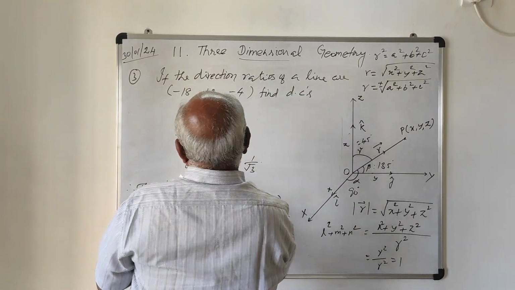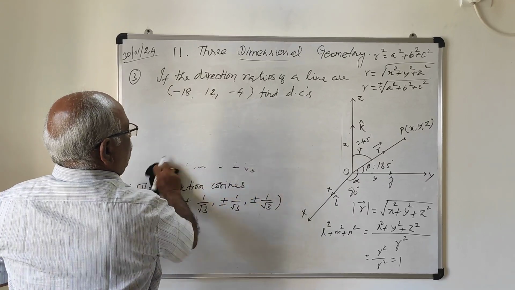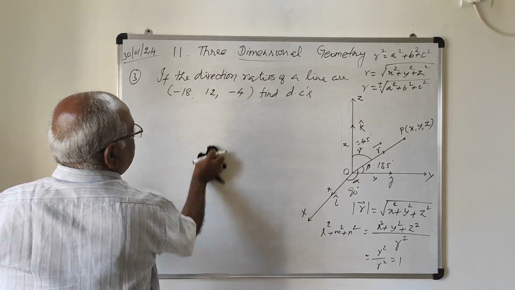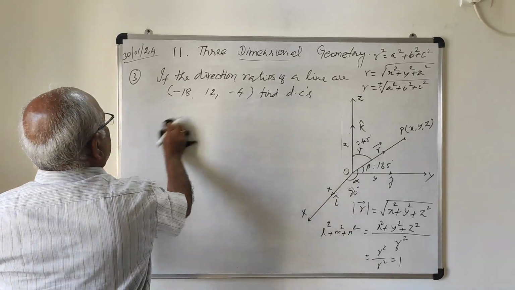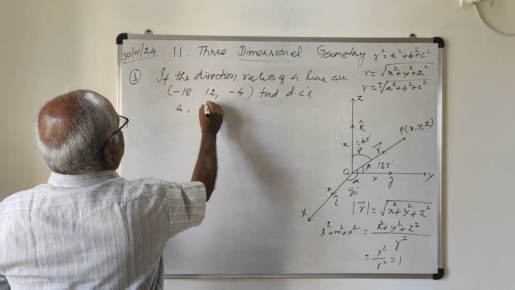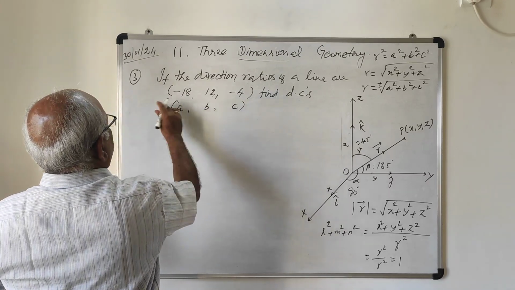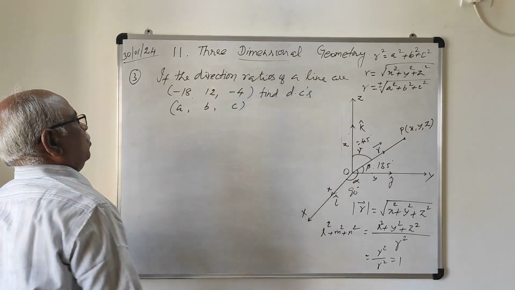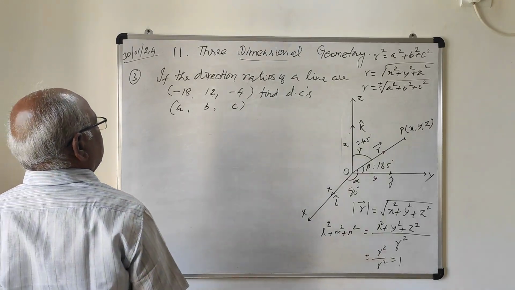That is our question. DRs given means a, b, c are given. A is minus 18, b is 12, c is minus 4. Find DCs.